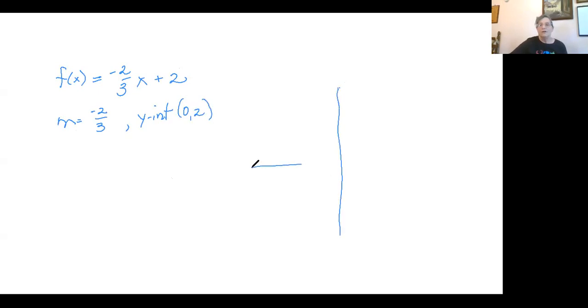All we have to do to graph this is locate the y-intercept, and then since this is negative, we'll go down 2, and then +3 would be to the right. So we go down 2, 3 to the right. There's a second point. There's our line.